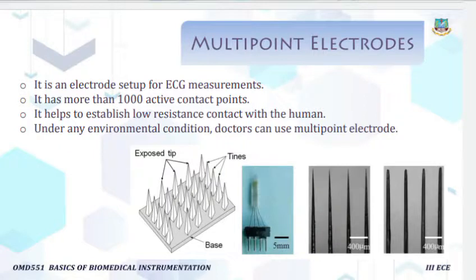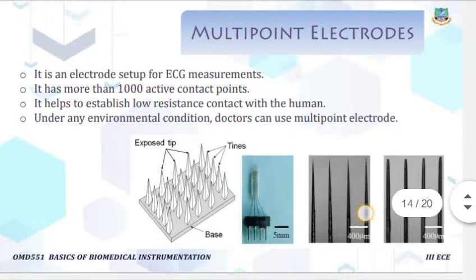It helps to establish low resistance contact with the human body, so it can be used under any environmental condition. This electrode is used without removing the hair at the place of picking up the biopotential.